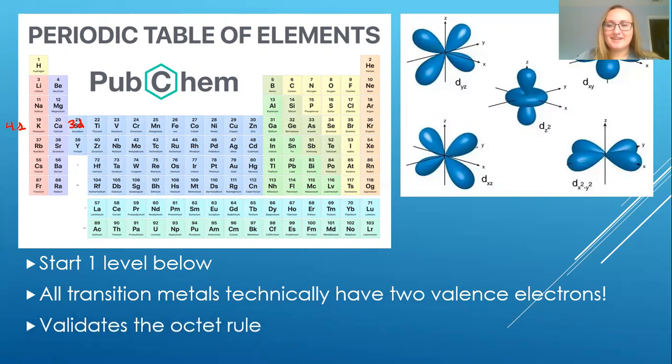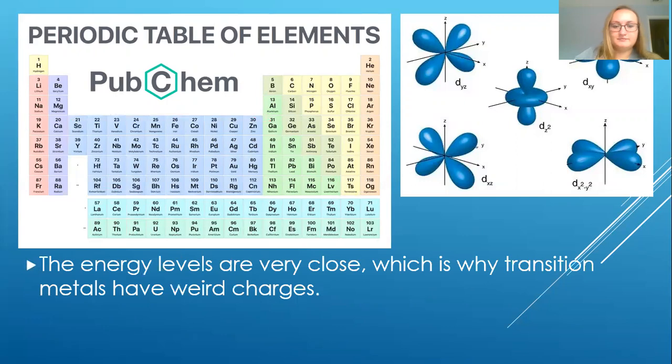It validates the octet rule because all of these extra electrons don't interfere with our 4s and our 4p. That can hold 2 and 6 for a total of 8. The energy levels of the 4s and 3d orbitals are very close, which is why transition metals have weird charges.